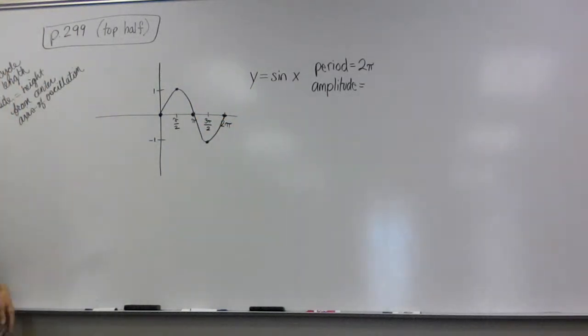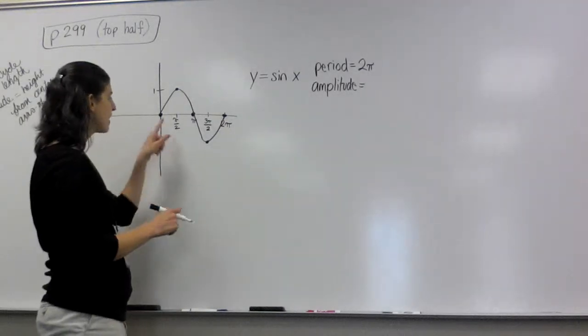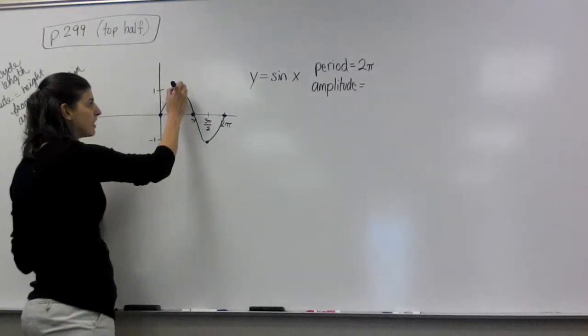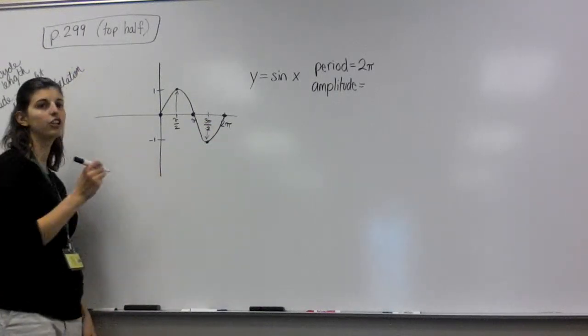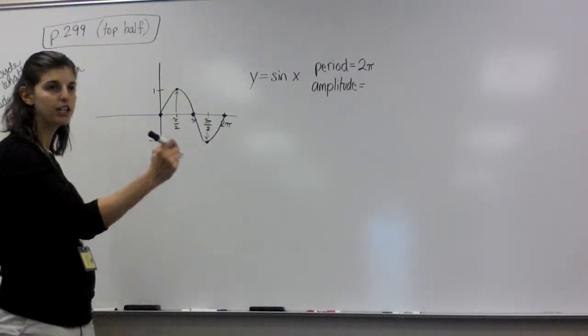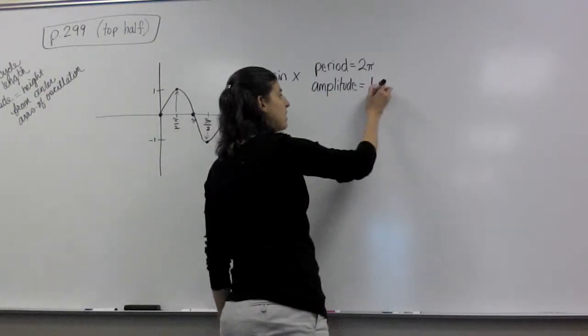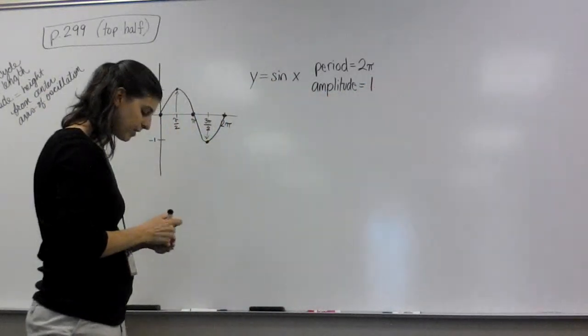So the amplitude on this graph would be what? 1. Very good. You go 1 unit up and 1 unit down. So the amplitude is 1.